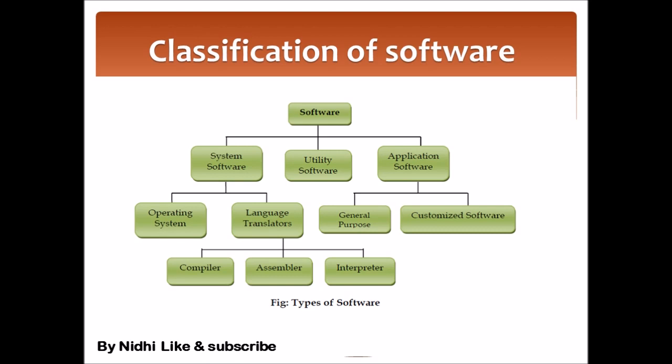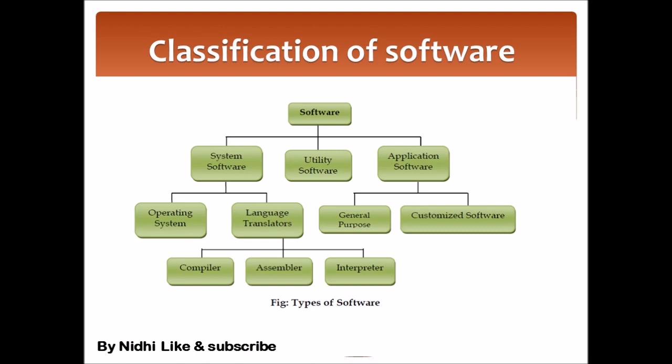On the basis of that, software can be classified into three parts: system software, utility software and application software. In some books you will find two categories, system software and application software, where utility is considered a system software, but here I have given you a diagram that categorizes it into three parts.